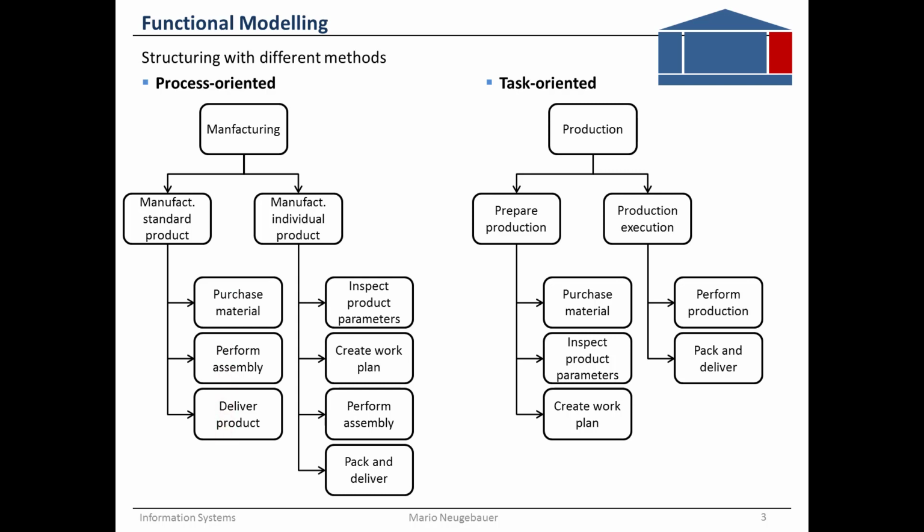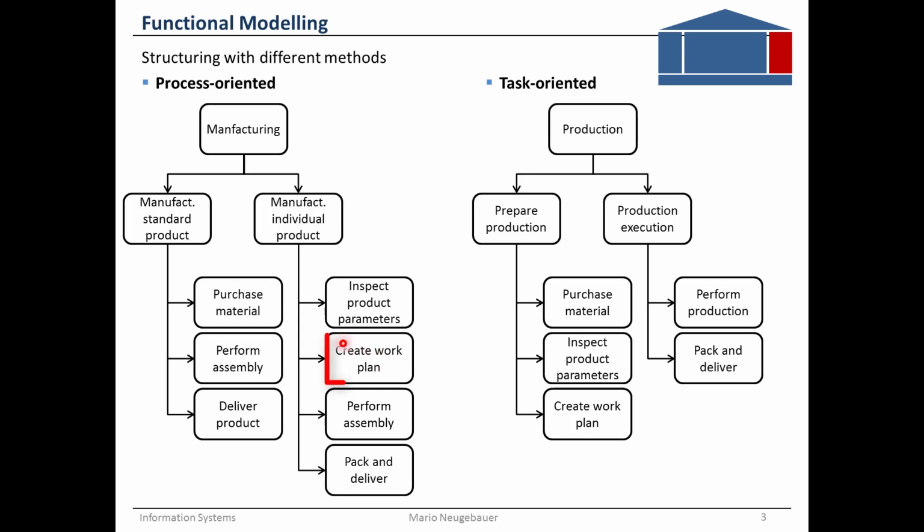And another process in this company might be that you have individual products where you have kind of adaptation to the user's need, which are every time different from other products. So you would then require first to inspect the product parameters which are desired by the customers.